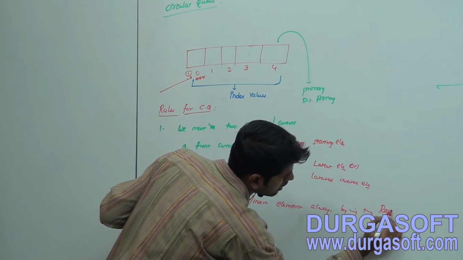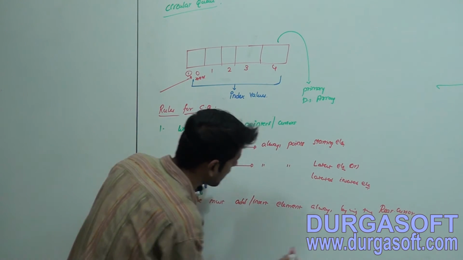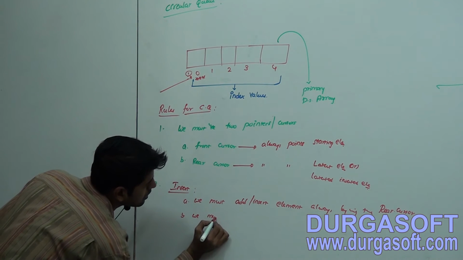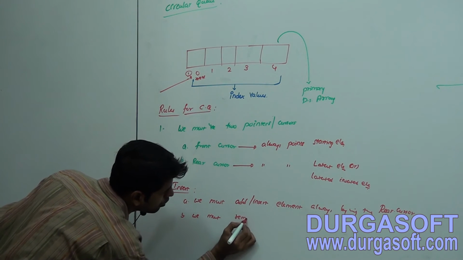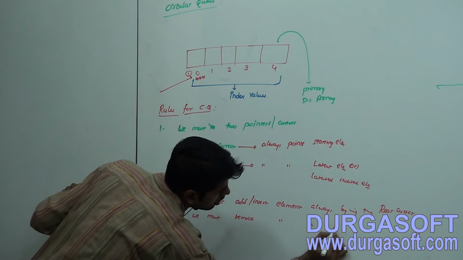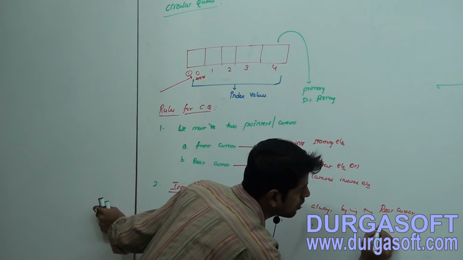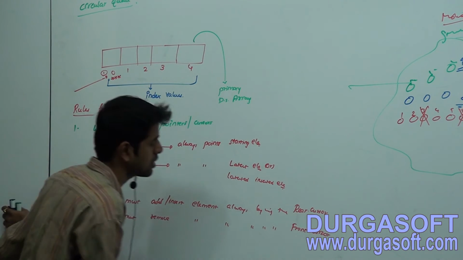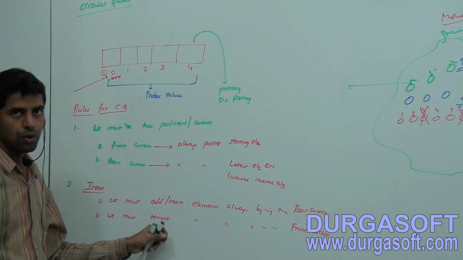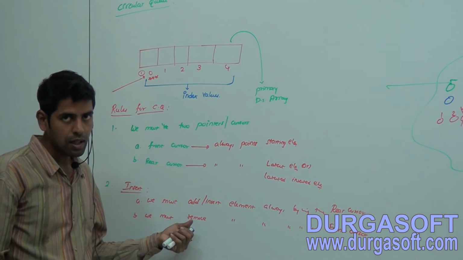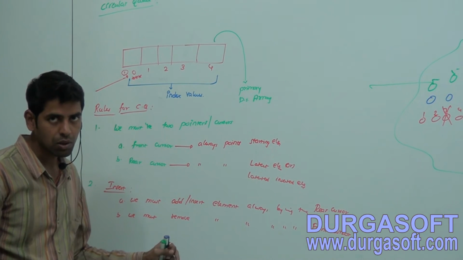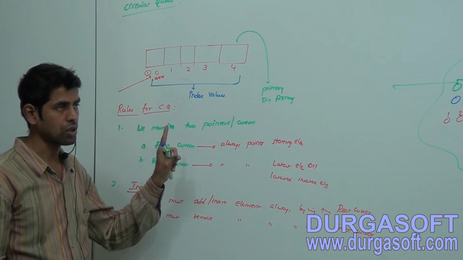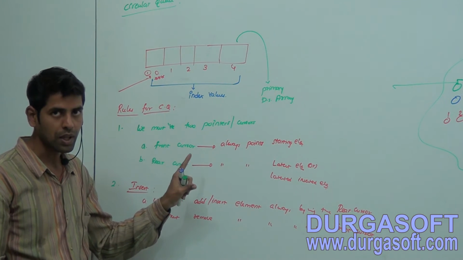And the other one: we must remove an element always by using the front cursor. That's it. If you know by which cursor to insert and by which cursor to delete, we can finish the circular queue algorithm.